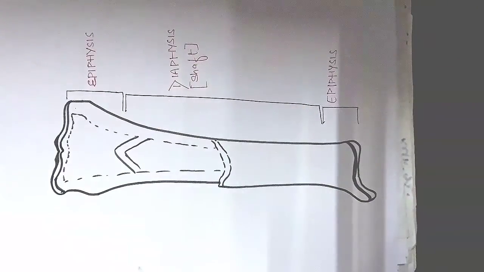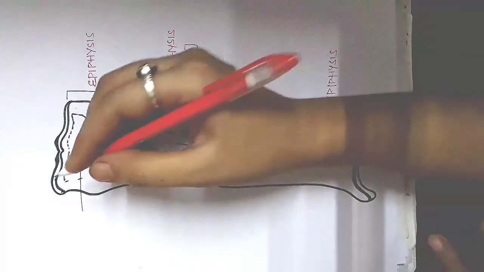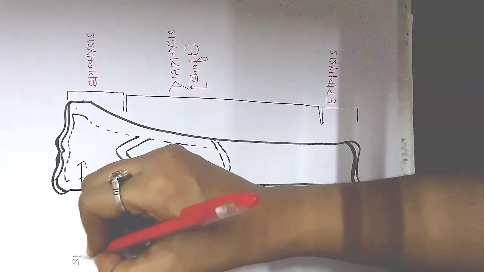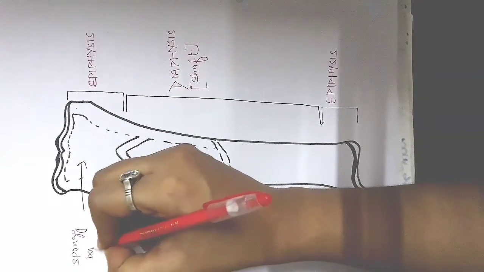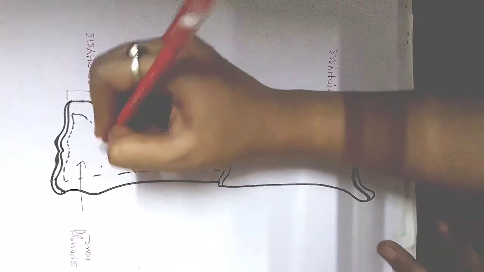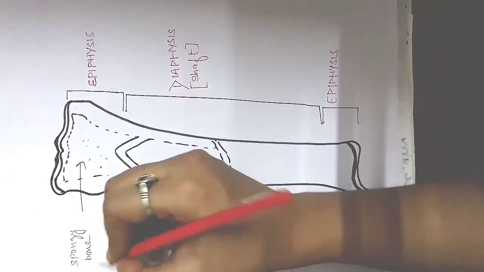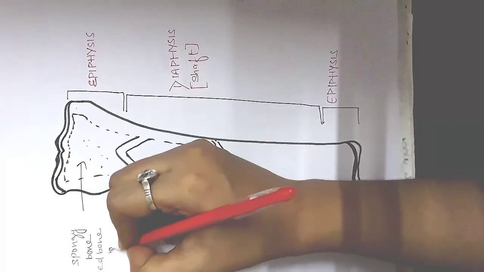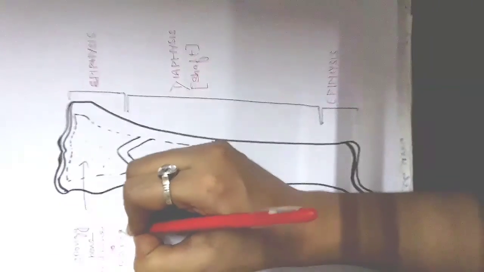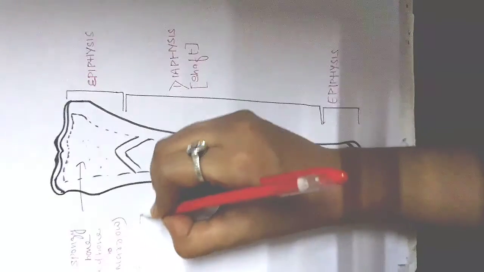The other structures are here. This part is called spongy bone, which consists of red bone marrow. The next one is the periosteum.